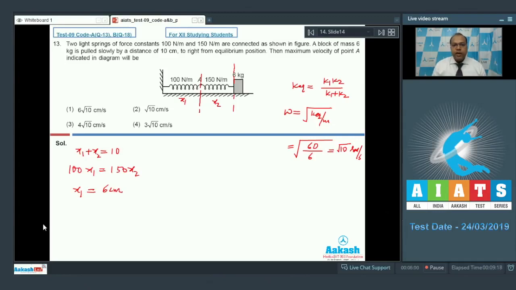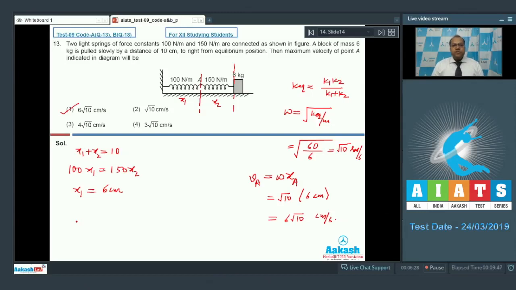Now, in order to get the maximum velocity of point A, that is equal to omega into maximum displacement of A. So that is equal to under root 10 and the maximum displacement is 6 centimeter. So it comes out to be 6 under root 10 centimeter per second. So option 1 is the correct answer.